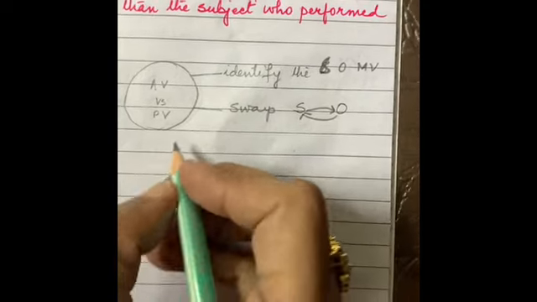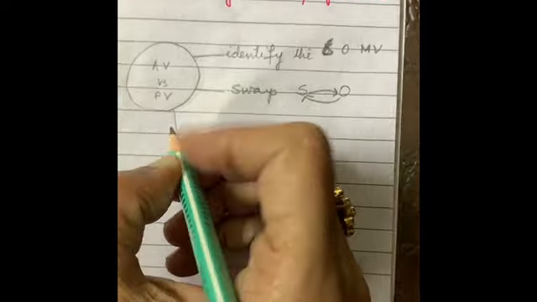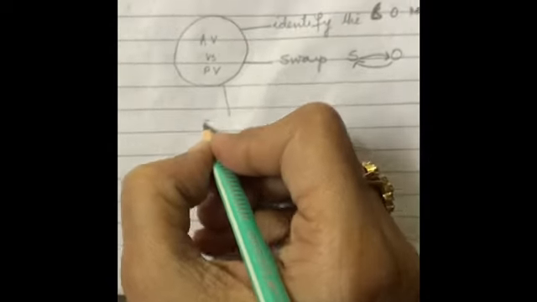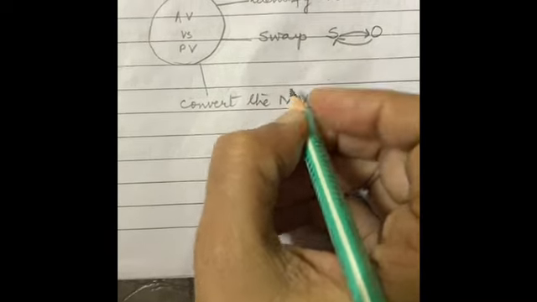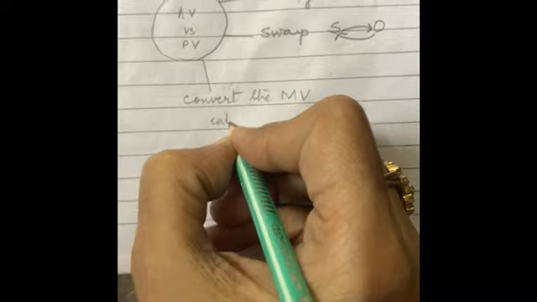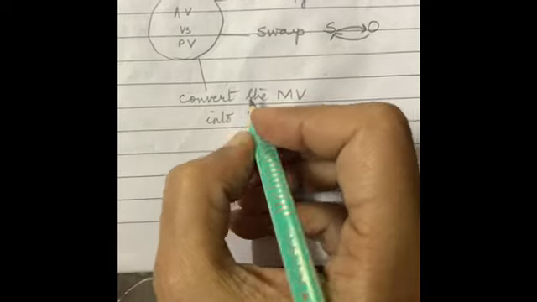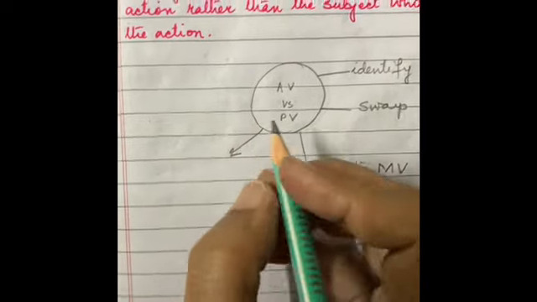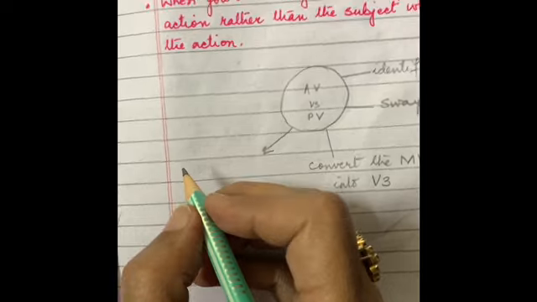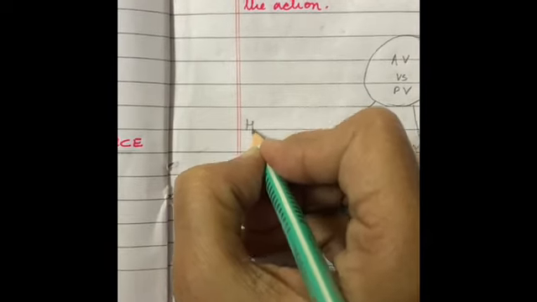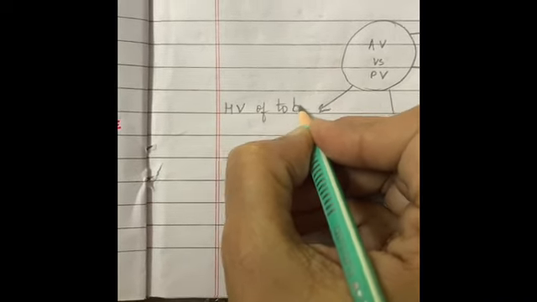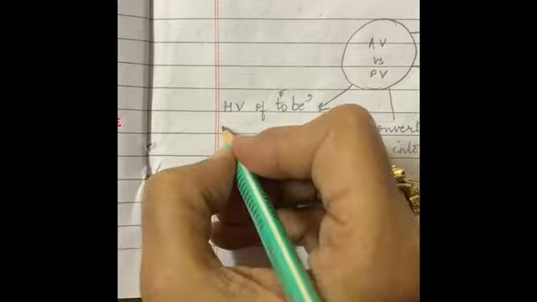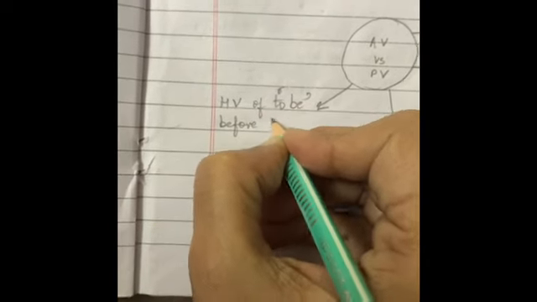Now the third step is to convert the main verb into verb 3, the third form of the verb. The fourth step is to add a proper helping verb of to be before the main verb.